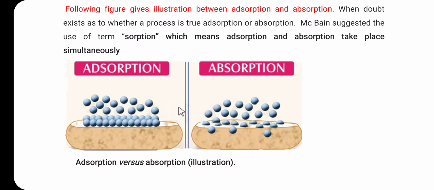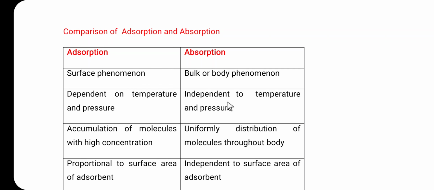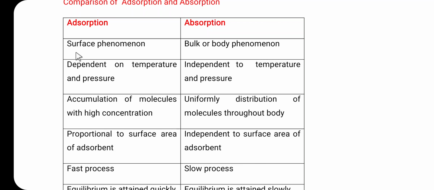Let us distinguish between adsorption and absorption. Here are two columns: the first column is adsorption, the second column is absorption. Adsorption is a surface phenomenon, absorption is a bulk or body phenomenon.